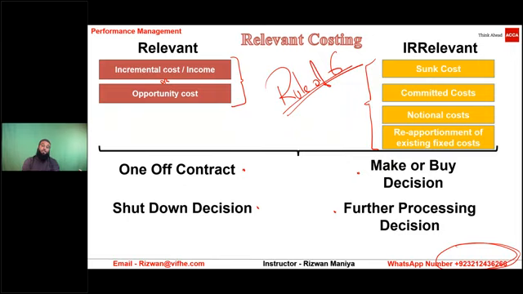What sacrifice did you do? Out of the two, which was the second best option? That was job 1 that was paying you 100,000. So you left the job 1 option, you sacrificed the current 100,000, and that 100,000 is your opportunity cost. The one that you left, the one that you sacrificed is your opportunity cost.